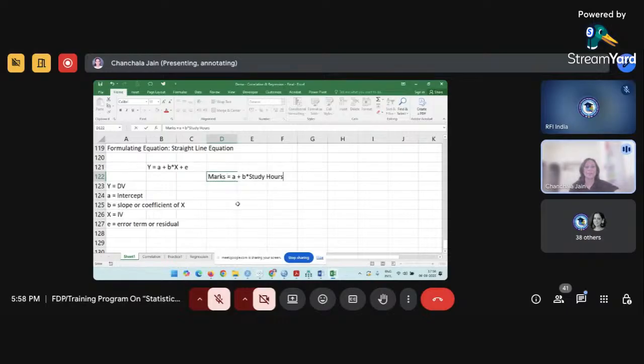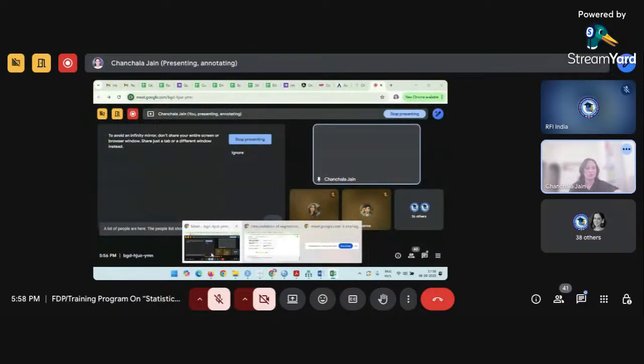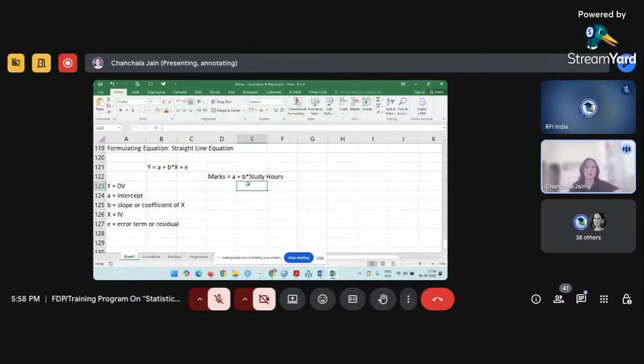The example is very simple. We want to predict how many marks a student will score when he or she studies for whatever number of hours. This is the problem, right?